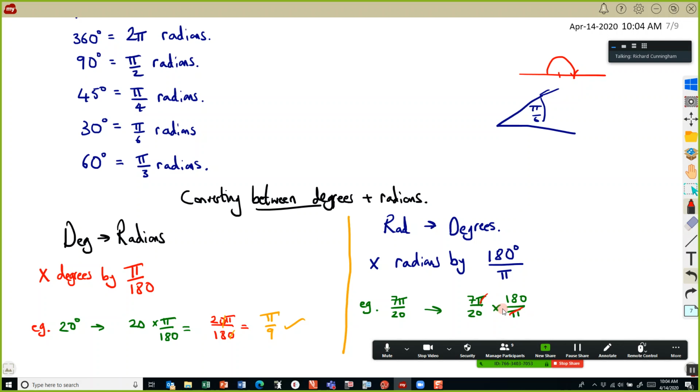Cancel. I've got that 20 can divide into that 180 how many times? Yep. So I've got 7 on the top here, 9 on the top here. 7 times 9 is 63. Yeah. Okay, so it's important that you know how to multiply fractions and divide fractions, okay? And like I said, I've put some videos on YouTube on how to do that if you just need a reminder, okay? Any questions?